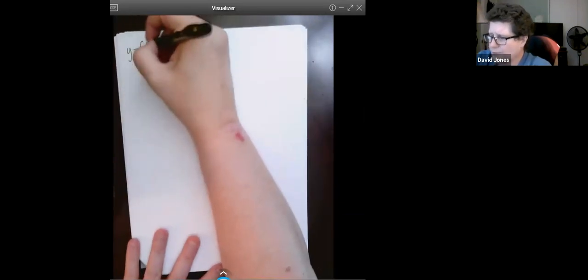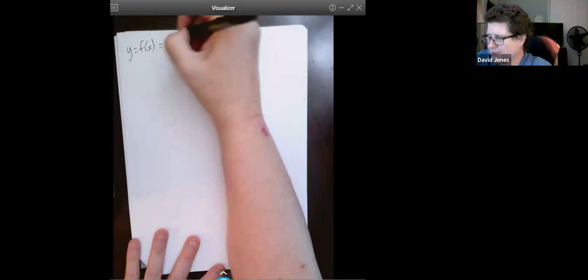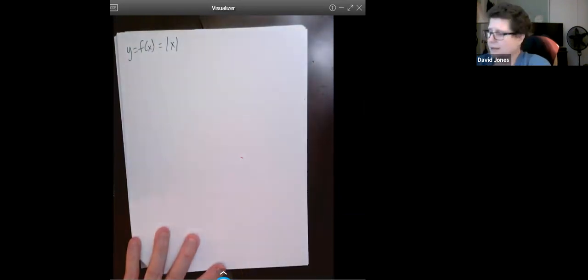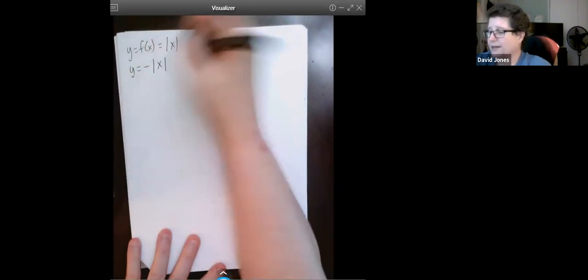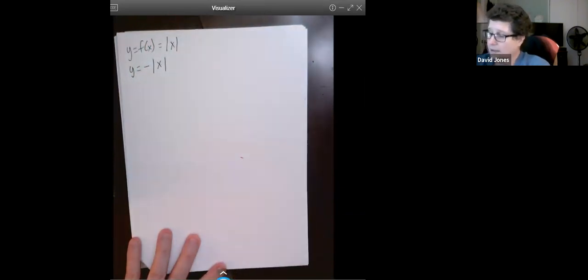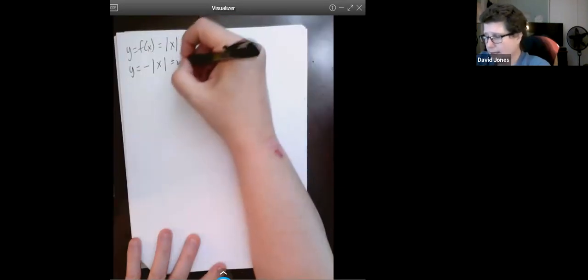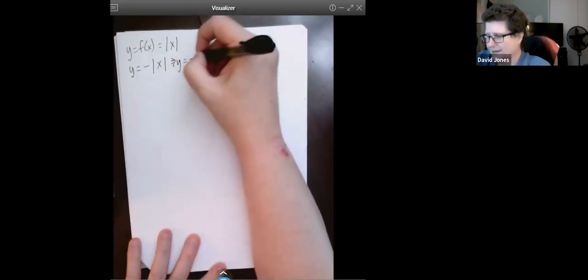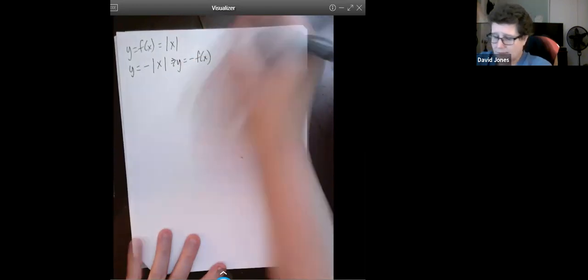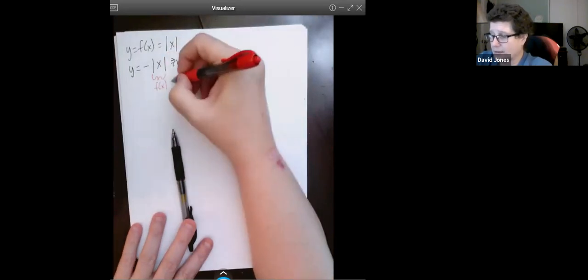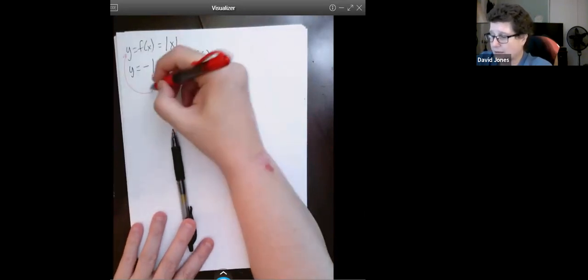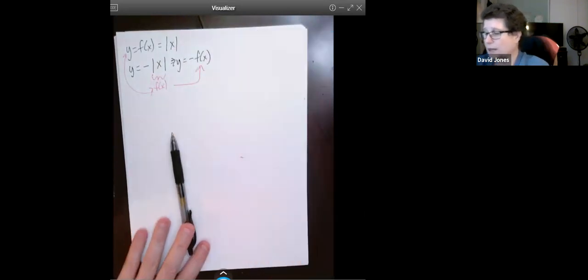To show some more of what's going on, on this one we're going to do y equals f of x. The base graph is going to be absolute value of x. And let's take a look when we have a negative in front. What about when we have negative absolute value of x? This is like saying y equals negative f of x, because this part here is f of x. So I can rewrite that as y equals negative f of x.